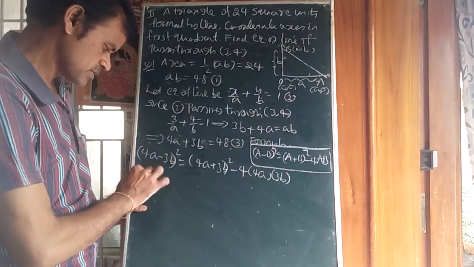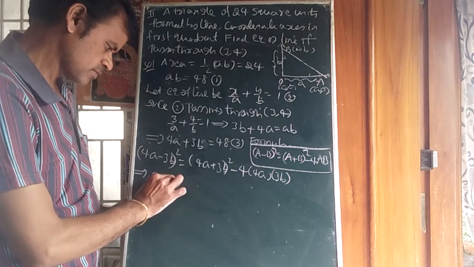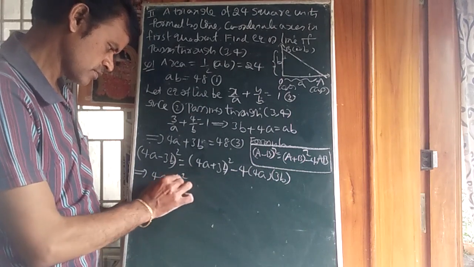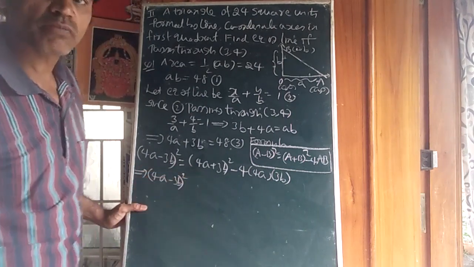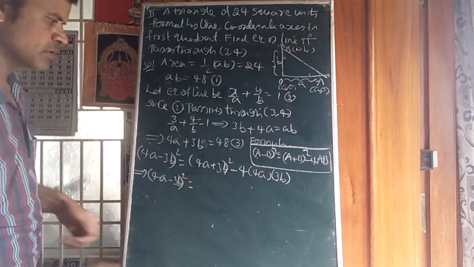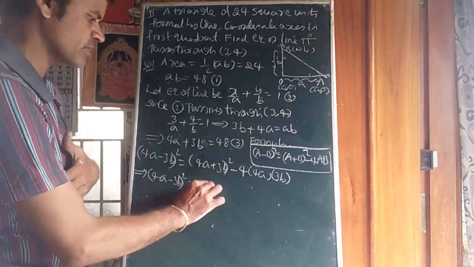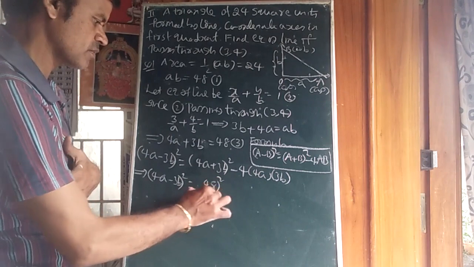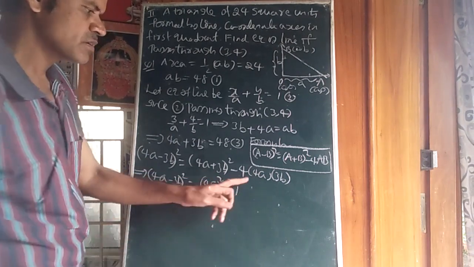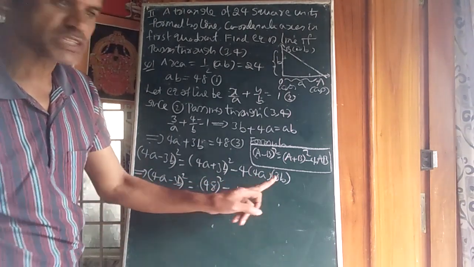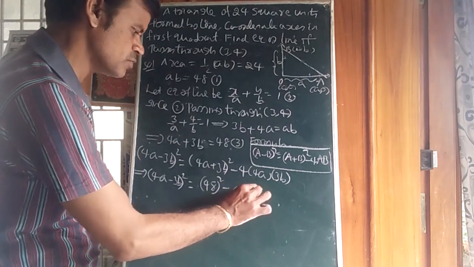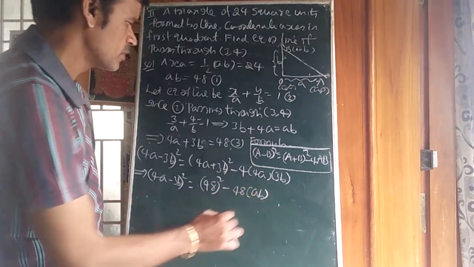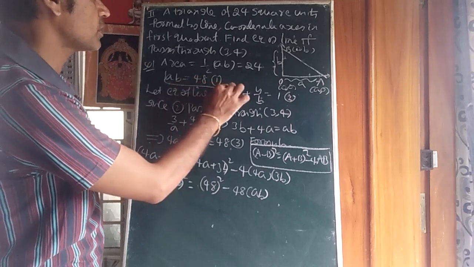That implies 4a minus 3b whole square is equal to 4a plus 3b, here we got 48 whole square, minus 4 into 4 is 16, 16 threes are 48, into ab. ab, we already know, is 48.